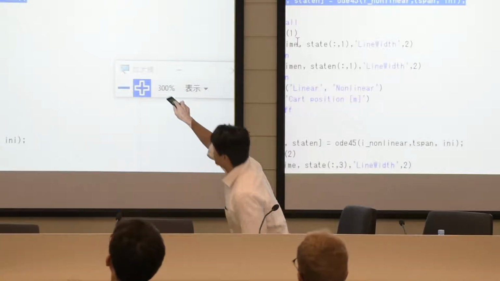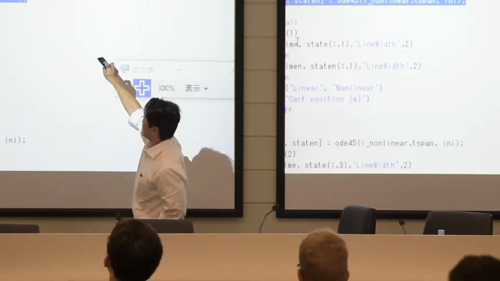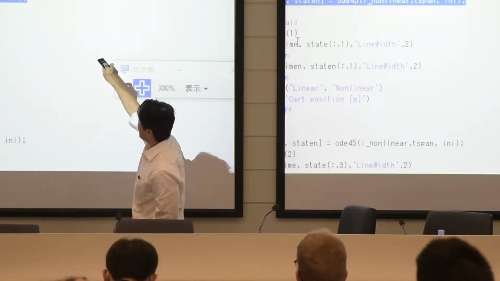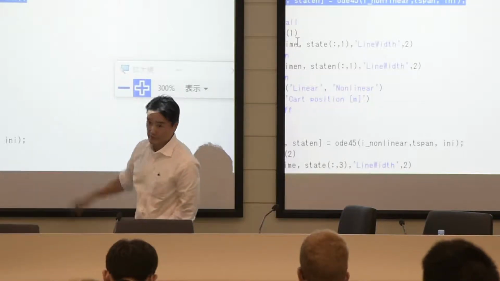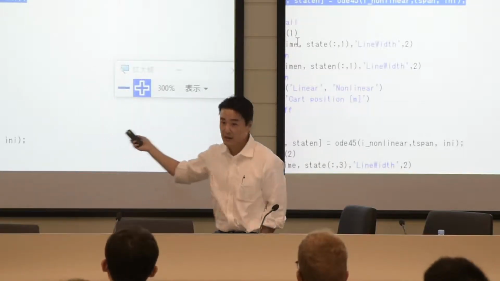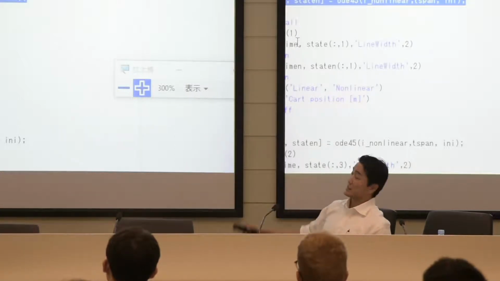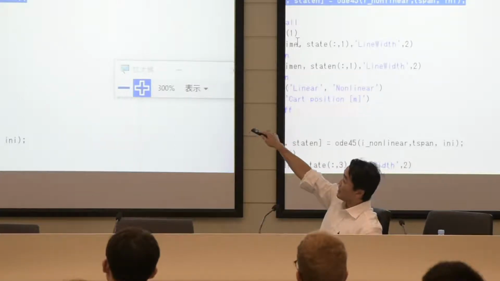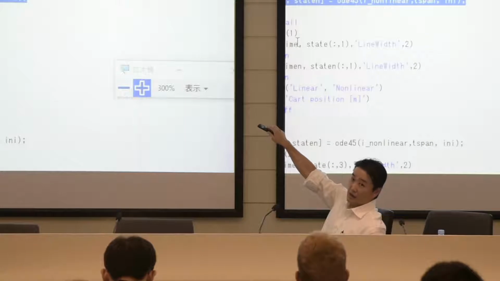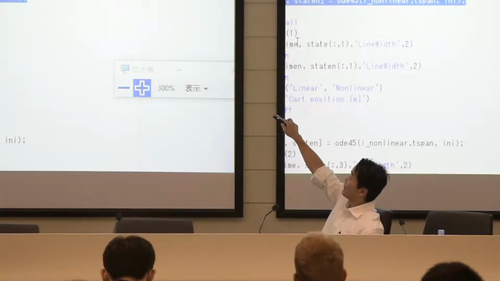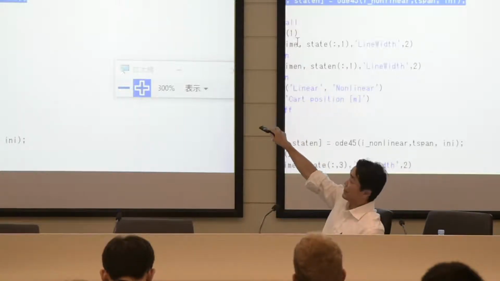So in here it was x3, right? But now x parent is 3. It has to be like this. Otherwise, ODE45 doesn't understand that x is a 4-dimensional vector.